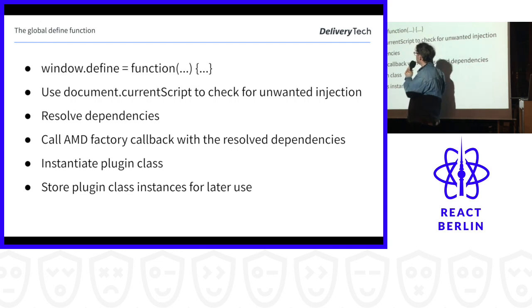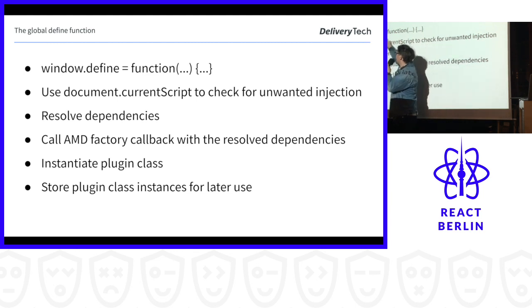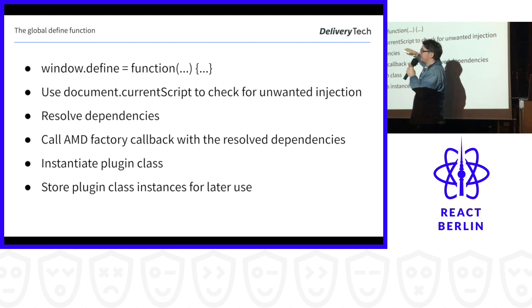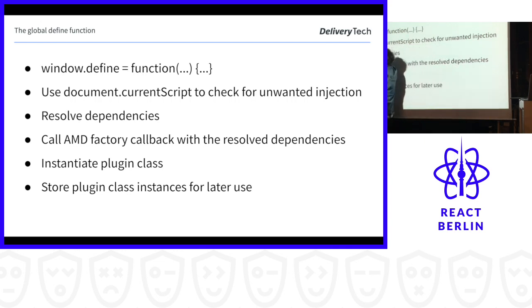And what's even cooler in terms of the plugin system is that currentScript is called within our window.define, which is defined in the portal frame bundle JavaScript file. But what the plugin JavaScript file is calling is define. currentScript doesn't give our file, it returns the node of the plugin file.